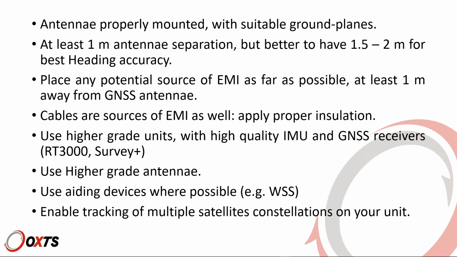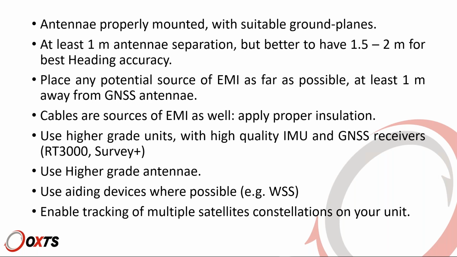Mind EMI, because you are likely to have a number of devices on your vehicle, whether that's because of mobile mapping applications or autonomous vehicle applications. A lot of these will be likely sources of EMI. So as a rule of thumb, we say keep any device at least 1 meter away from the GNSS antenna.